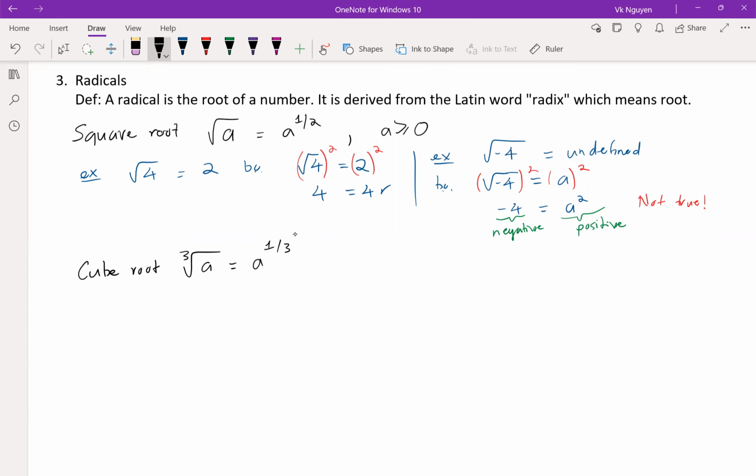It doesn't matter. And the nth root, square root of a, write n. Exponent form a to the 1 over n. And here a is non-negative for even n.